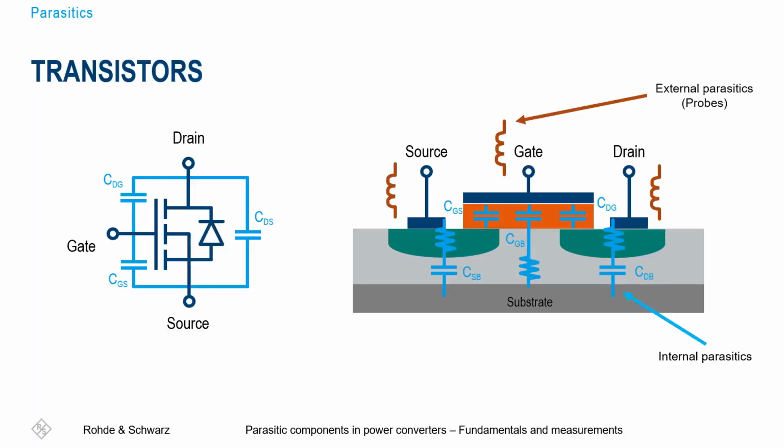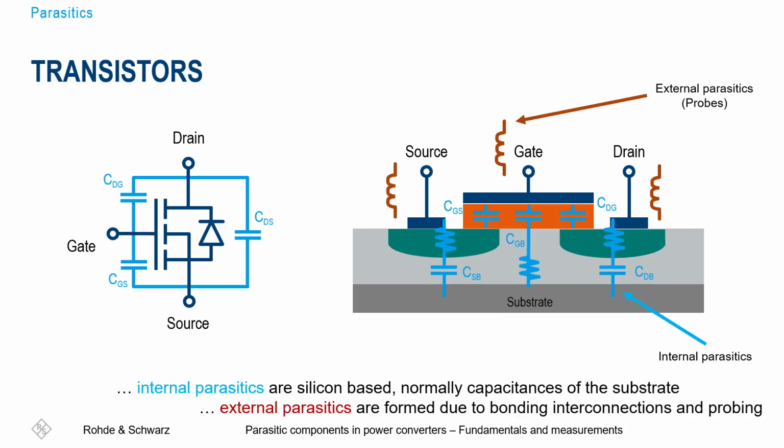On the other side, there are the external parasitics. In this case, they are normally inductances that are formed when the packaging occurs or due to the bonding interconnections. Also, they appear when we are probing the terminals. These parasitics can be minimized, and it is a task of the design engineer to do a proper package and proper interconnections in order to minimize these parasitics, because these ones can be optimized.